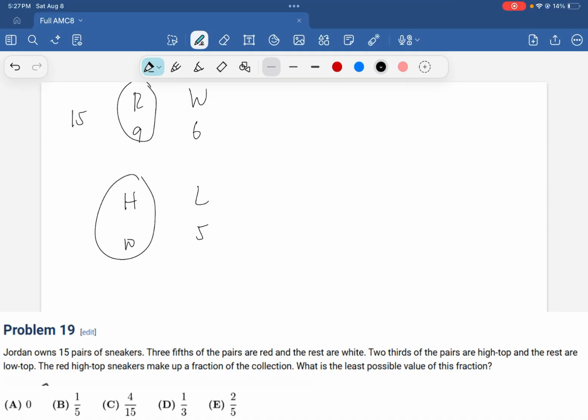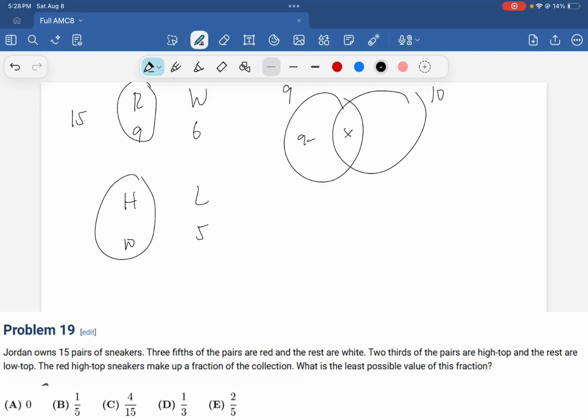For this, we can make a Venn diagram of some sort. So this total area is 15. And let's say this area is red, so that's 9. This area is 10 for the high tops. So to minimize this intersection, let's call this x.